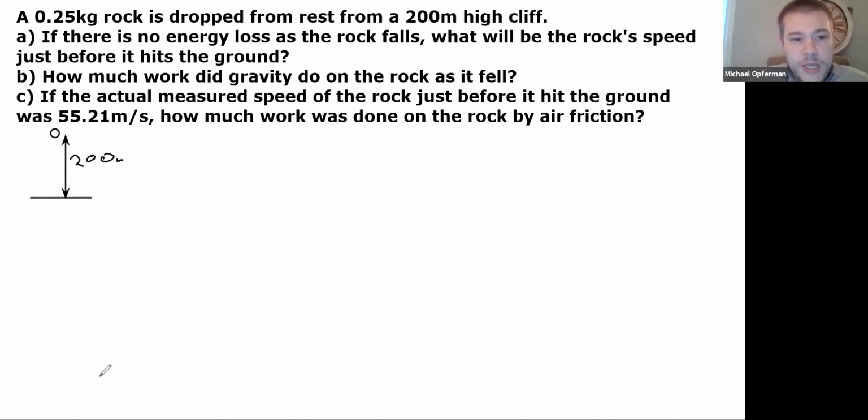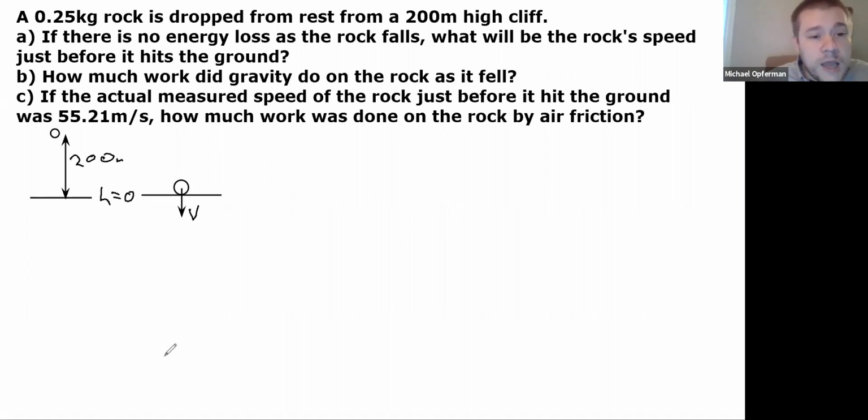And then my final state is going to be that the rock is about to hit the ground. It hasn't quite touched the ground yet because then the situation is quite different, but it's about to hit the ground and it has an unknown final velocity. Let's call it v. Okay, so there's my initial and final states, and I'm going to set h equals 0 to be ground level.